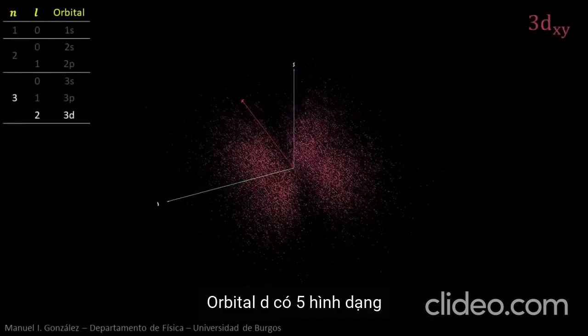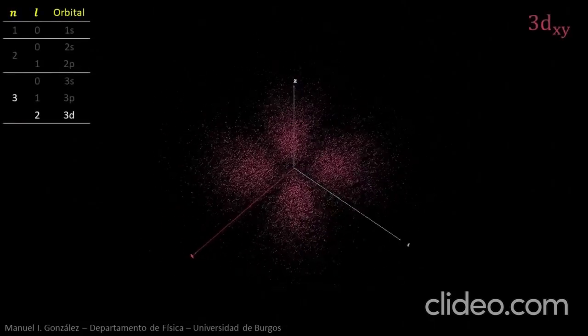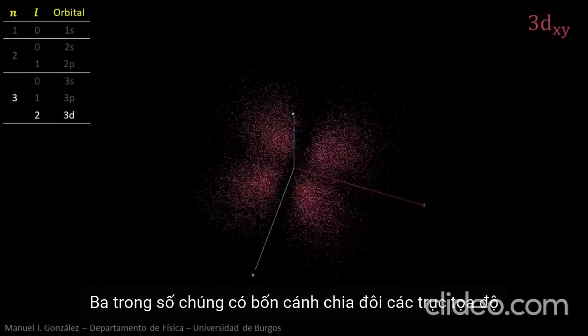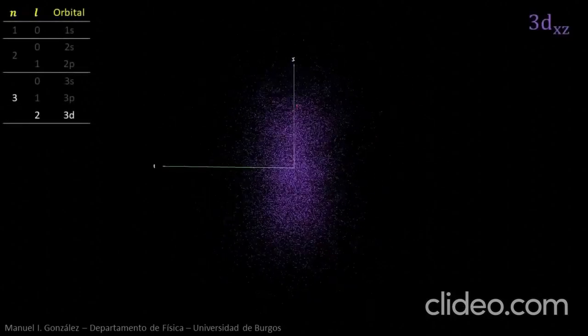There are several ways to choose the 5 3d orbitals. This is the most popular one. 3 of them have 4 lobes bisecting the coordinate axes.